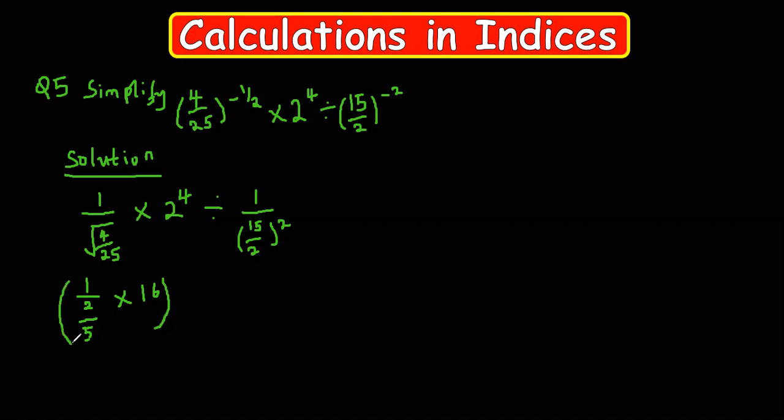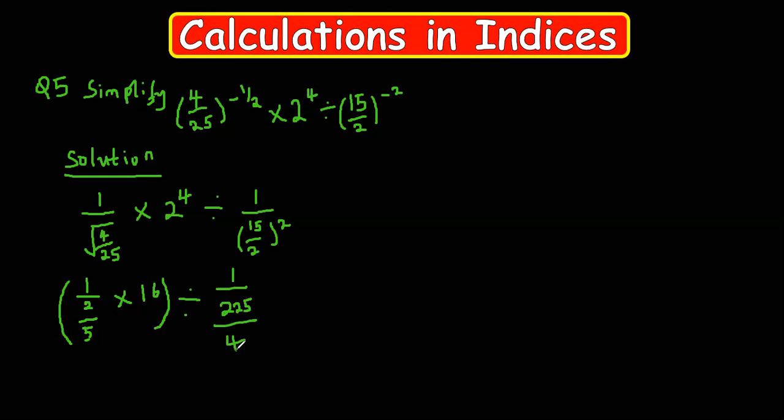Divided by 1 over 15 squared, which is 225, and 2 squared is 4.